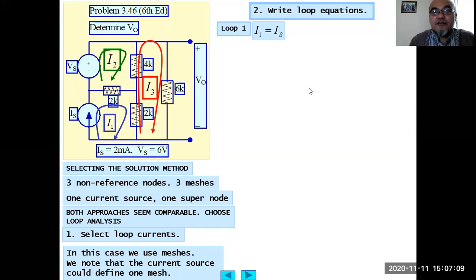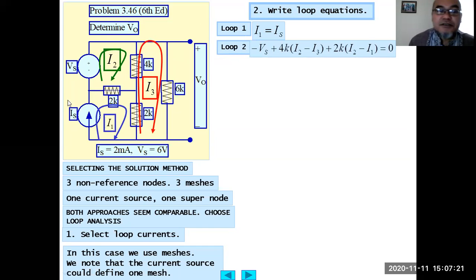So first we write the loop equations. For loop 1, I1 equals Is. For loop 2, negative Vs, because it is a voltage increase, negative Vs plus 4K (I2 minus I3), and plus 2K (I2 minus I1) equals 0.